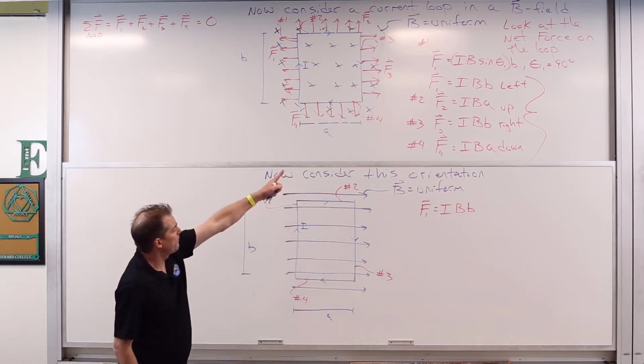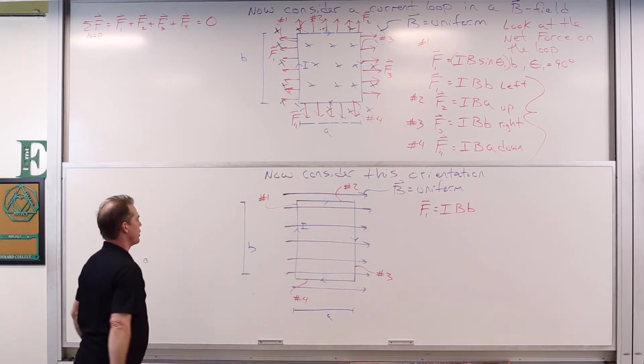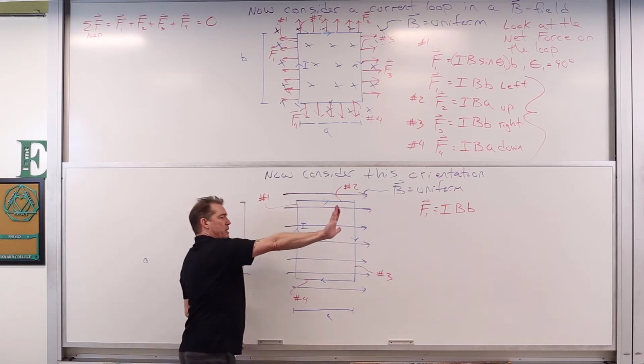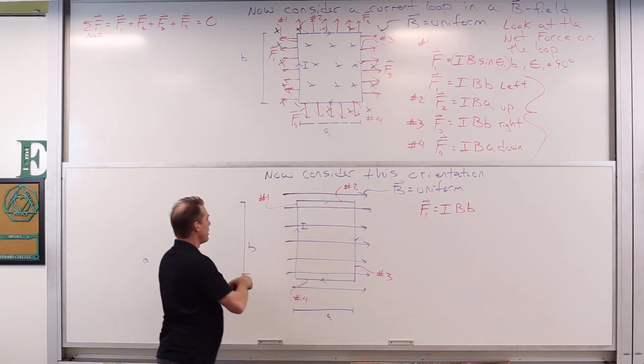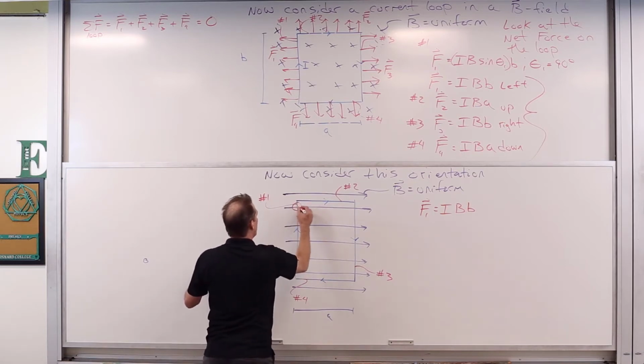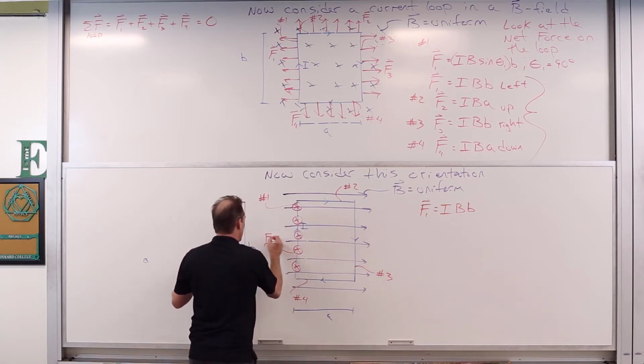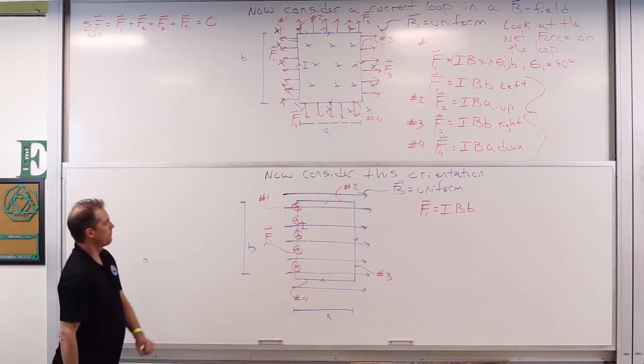We've got the same magnitude of the force. What about the direction? Current's going up, magnetic field's that way, and the force would be into the board in this case. So we've got the same magnitude of force that we had before, just a different direction.